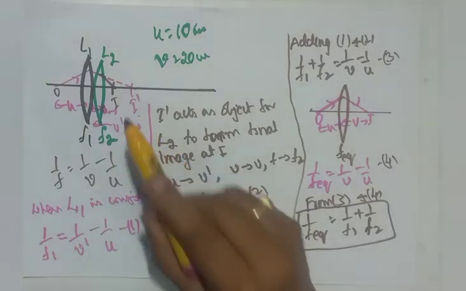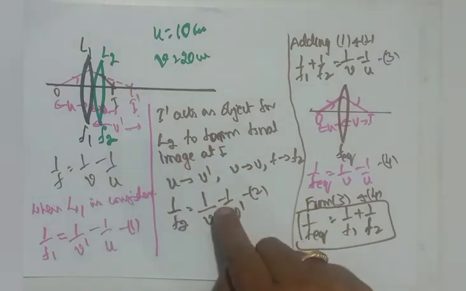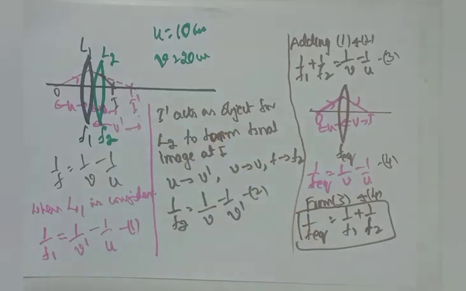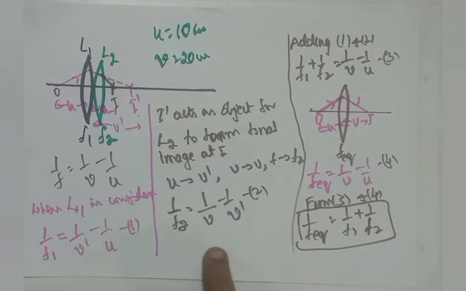Now, this I dash acts as an object for the second lens L2 to form the final image I at distance V. Therefore, we can replace U in the lens formula by V dash now, because I dash is the object, V as V only, F as F2. So I get 1 by F2 equals 1 by V minus 1 by V dash.